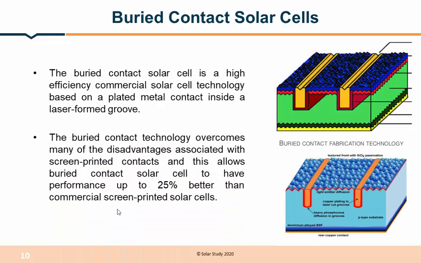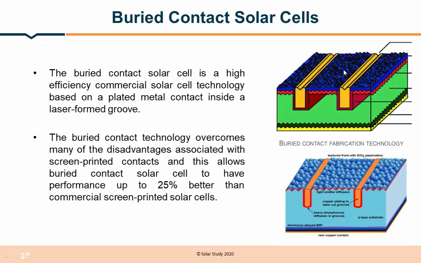What is that? See, we have seen that there will be fingers in order to carry electron hole pairs. So what we can do is add a buried contact, because buried is nothing but that the contact is formed inside.